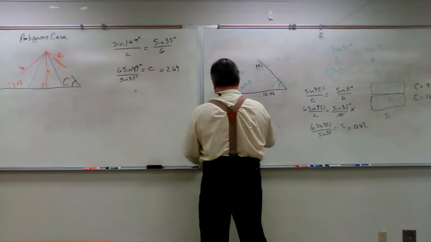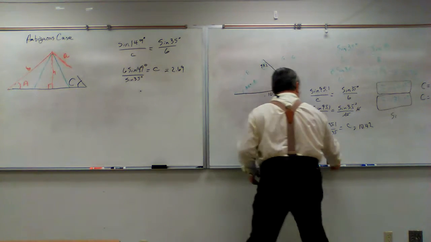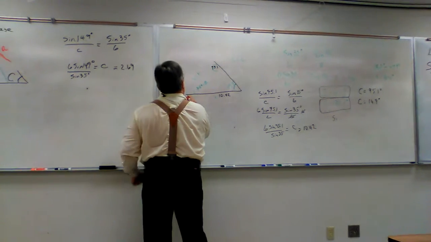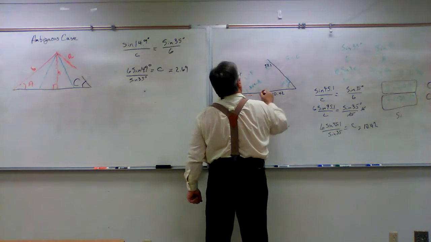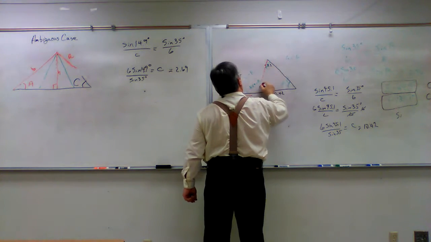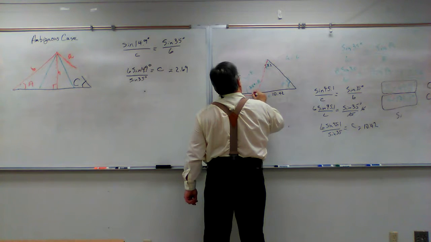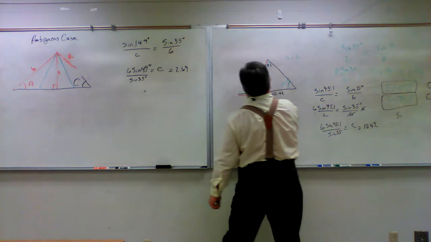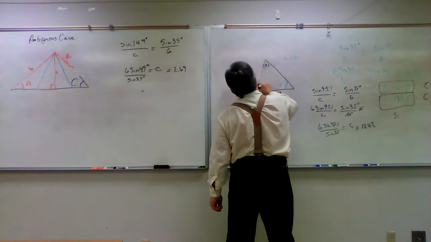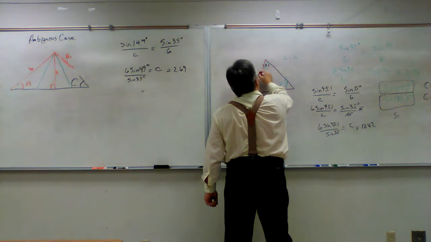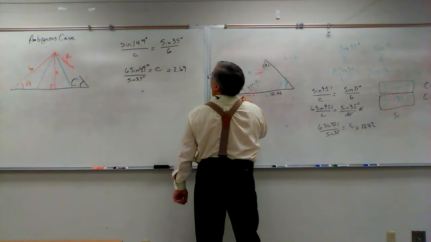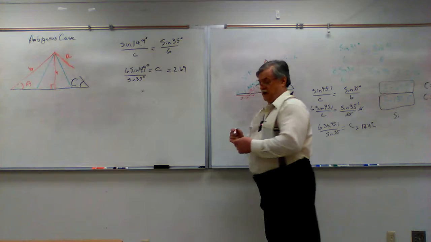So now we're still going to end up with something about there, like so, where now this angle is 130.1, this angle is 14.9, and this side is 2.7.